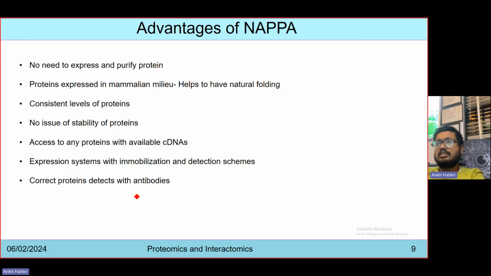If we pass to the rabbit reticulocyte to express the proteins in a cell-free manner, they are expressed in a mammalian condition, which helps to have natural folding. Third is that it gives consistent levels of proteins, because you are just using the cDNA template and giving the necessary conditions for all the proteins to be transcribed and translated. So there is no issue of the stability of proteins, and access to any proteins with the available cDNAs.